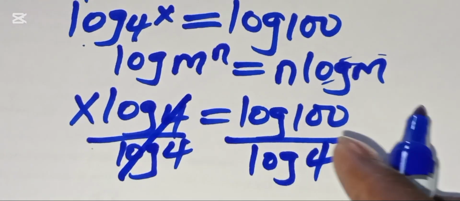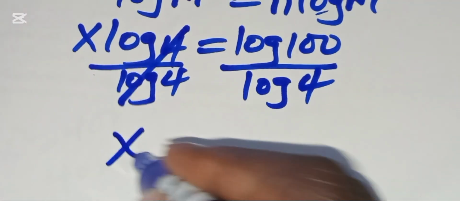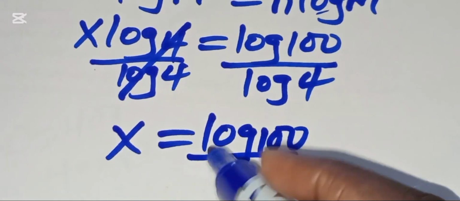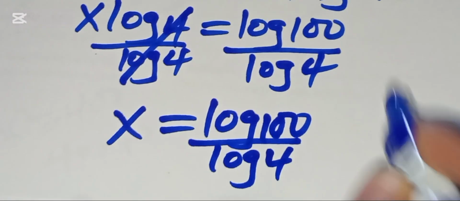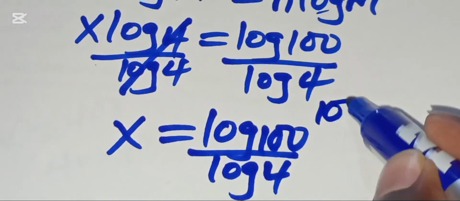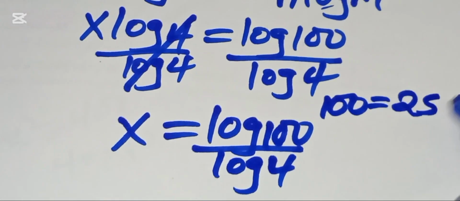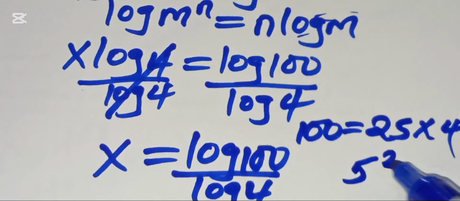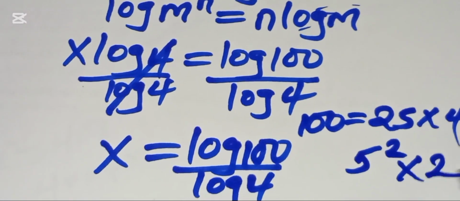If we simplify here, we'll have the value of x as log 100 divided by log 4. 100 can be expressed as 25 multiplied by 4, which is the same thing as 5 squared multiplied by 2 squared.